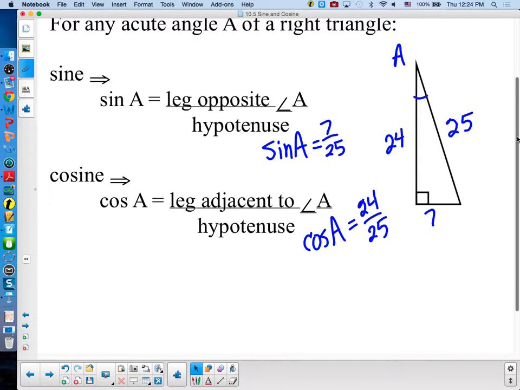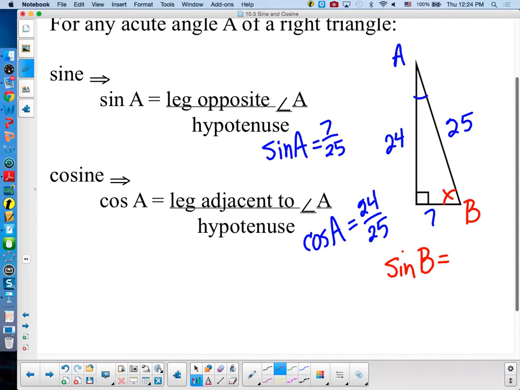Okay, while some are finishing their notes there, I'm going to continue on. They don't have to worry about doing this part. What if I used angle B instead of angle A? What would the sine of B be? Sine is opposite leg.